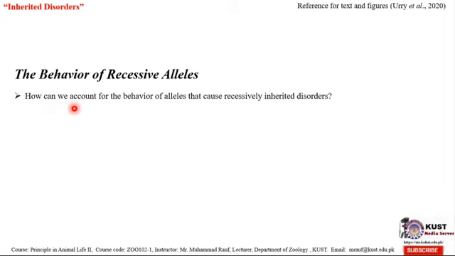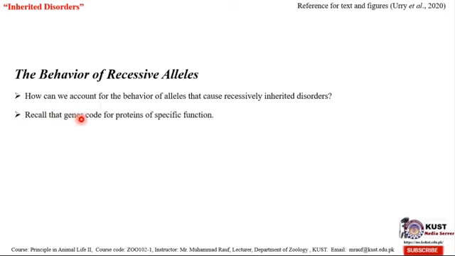Now, how can we account for the behavior of alleles that cause recessively inherited disorders? Which type of behavior is exhibited by the recessive alleles which results in these disorders? What happens at the molecular level? How is the biochemical pathway disturbed as a result of having defective alleles?